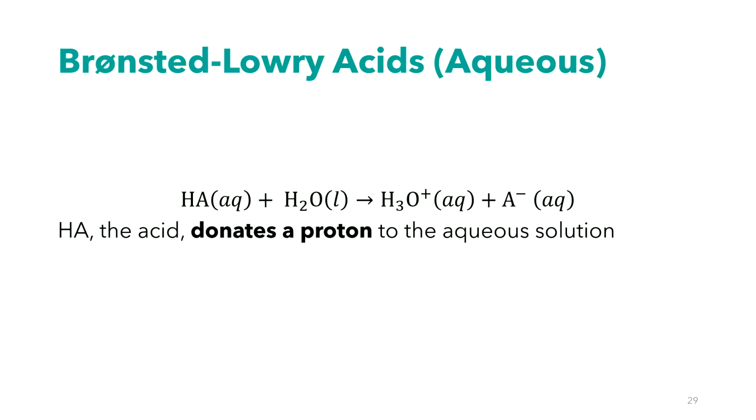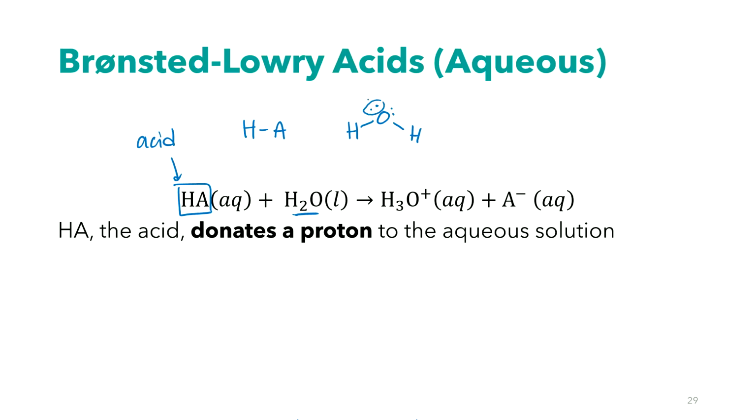We'll start with the acid. HA donates a proton. So let's look at this. There's HA, that's our acid, and it is interacting with water. Let's actually draw this out. The oxygen in water has 2 lone pairs, or 2 non-bonding pairs of electrons.